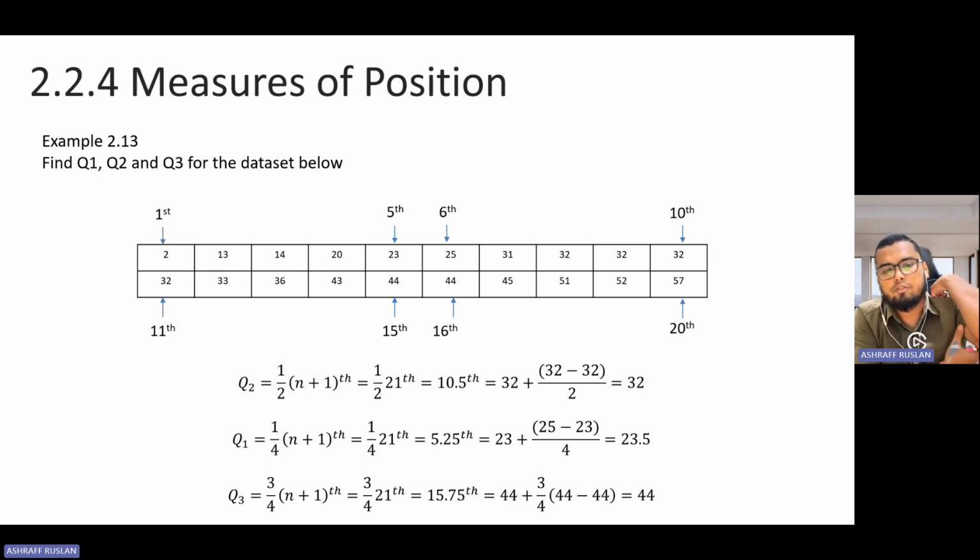If the question asks to find the first quartile, second quartile, third quartile, kita lebih mudah cari yang separuh tu dulu. Senang kita nampak. Okay. Point here meaning that we need another half of the value after that 10 position. We need another 0.25 value after that position. Macam itulah pengiraannya.